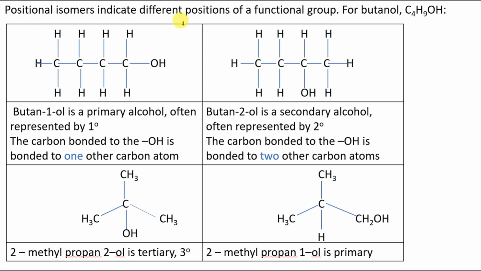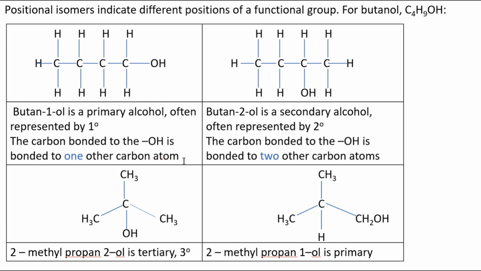Positional isomers indicate different positions of a functional group. For butanol, I've got my 4 carbons in a straight chain to begin with my OH on carbon number 1. This is butan-1-ol, a primary alcohol, often represented by 1 with the superscript degree. The carbon bonded to the OH is bonded to 1 other carbon atom.